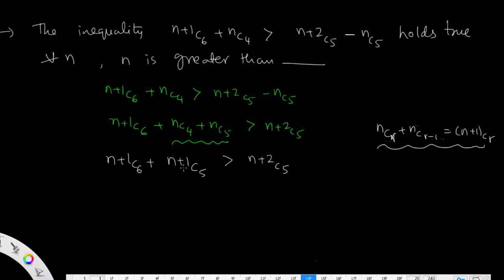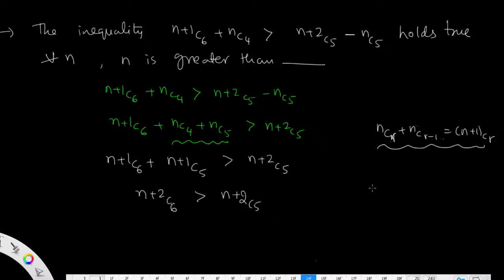Again it is in the form of n is same, that is n plus 1 same, and in the form of NCR plus NCR minus 1. In the place of n we have n plus 1. Therefore n plus 2 C6, bigger number is 6, is greater than n plus 2 C5.